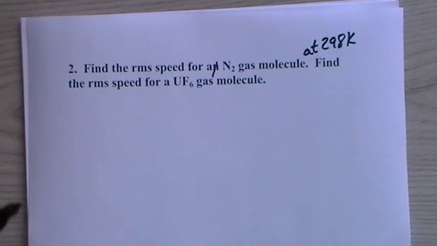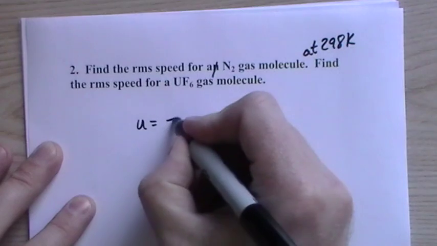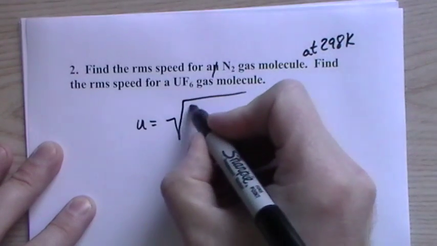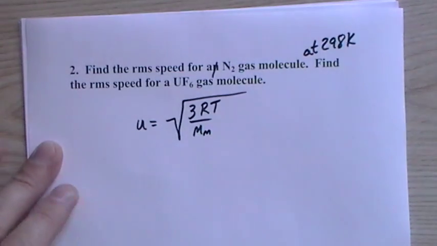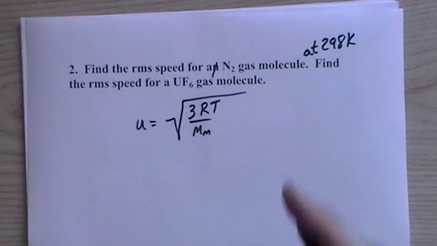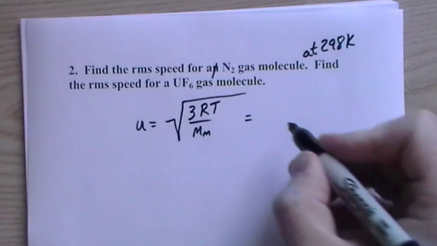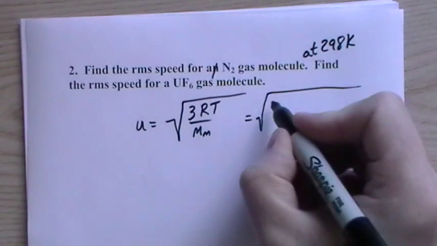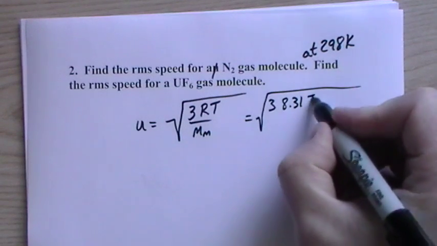So the RMS speed, the root mean square speed, is u, and that's the square root of 3RT over the molar mass. R is the gas constant. It's the same one that we've used, but it has different units of measure, so we have a different number for it. R is 8.31 joules per kelvin per mole.